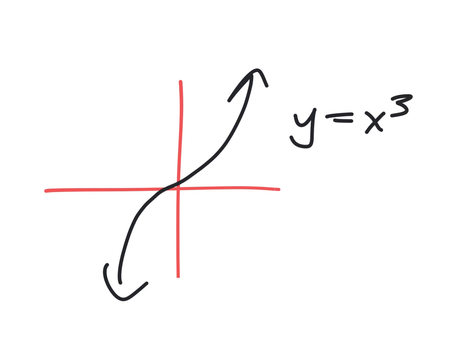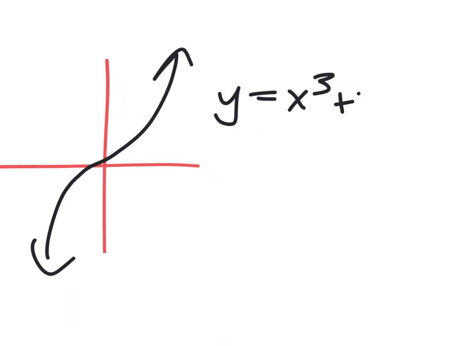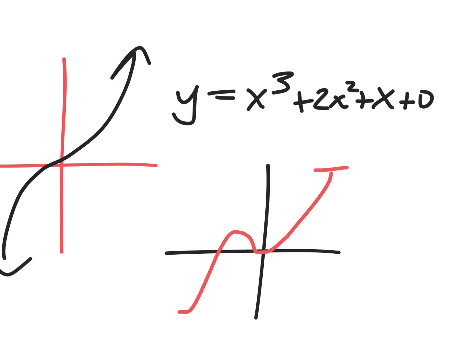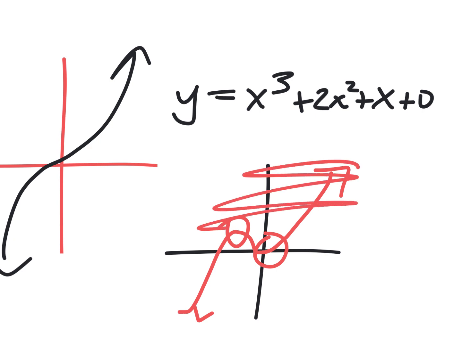It could have had as much as 2 turns if I had done something like this. Then it would have had a couple turns in it. It wouldn't have actually looked exactly like that, but that has 2 turns. That's the most turns it could have, though, is 2. But it doesn't have to have 2. It can have less.